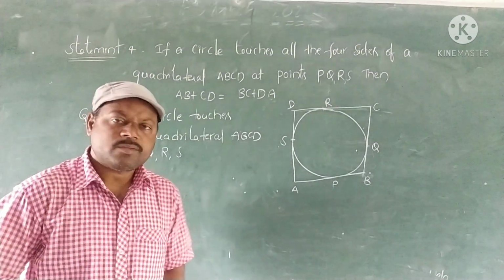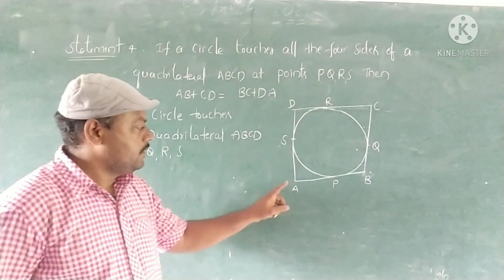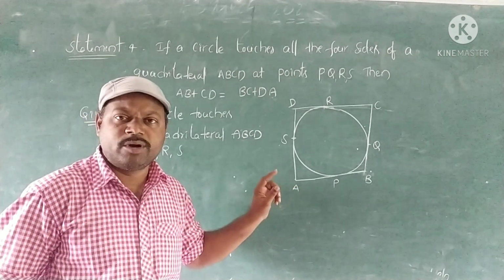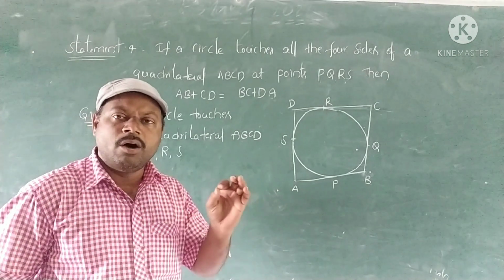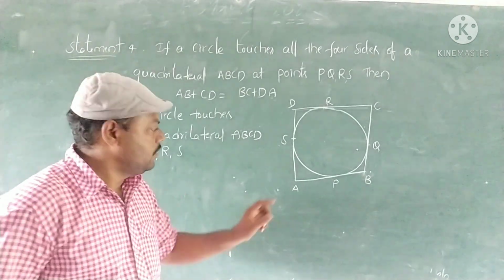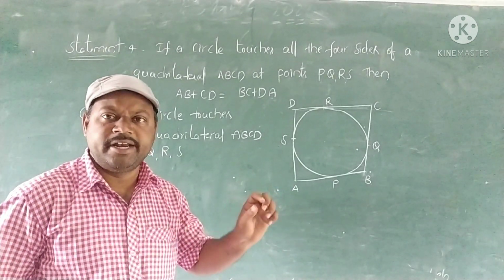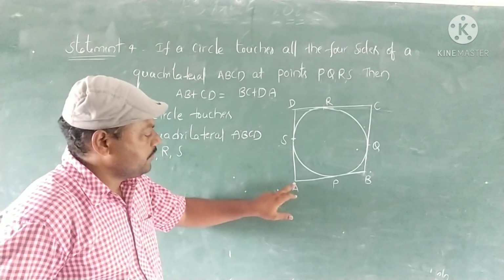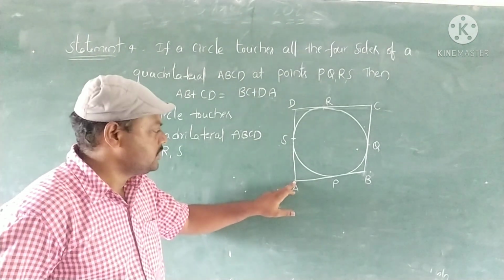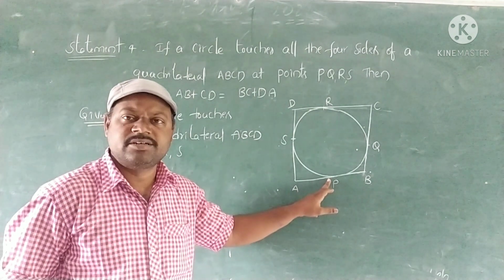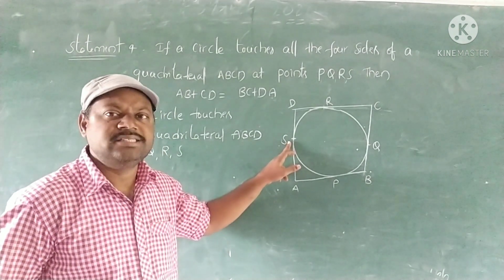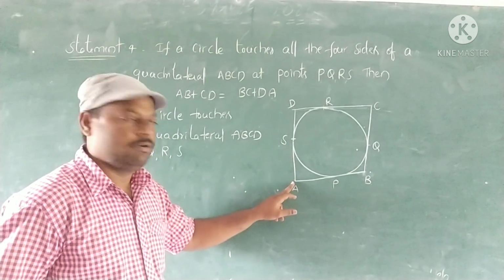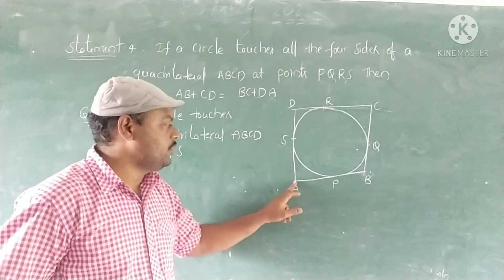Proof, A is the first vertex of the quadrilateral. So A is an outside point of the circle. A outside point means AB is the first tangent and AS is the second tangent. So AB equals AS.